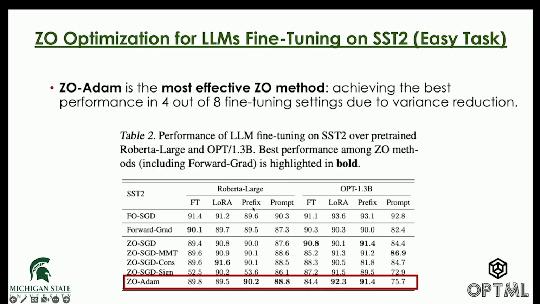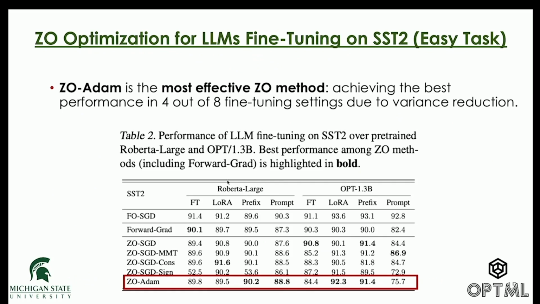Even sometimes in prefix and prompt tuning, those parameter-efficient fine-tuning regimes, the Zeroth-Order method can match the first-order performance, and even sometimes it's slightly better. The reason is the Zeroth-Order method is stochastic and contains stochastic noise. Therefore, its performance could even outperform the first-order method in some scenarios.